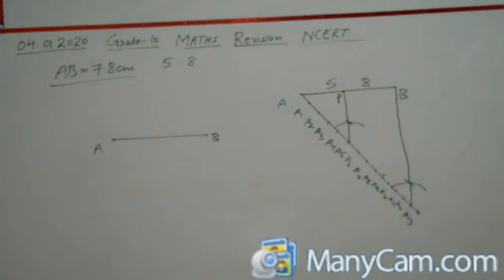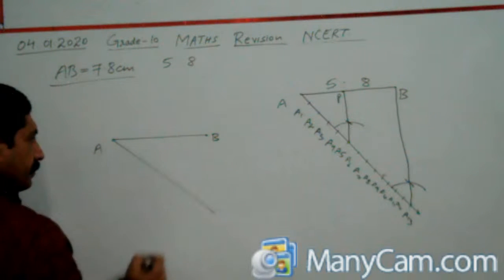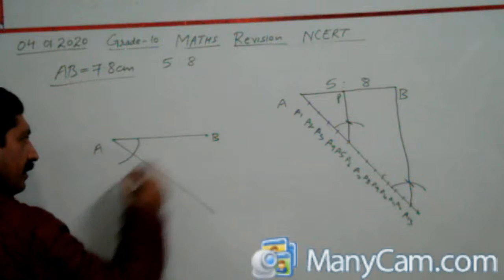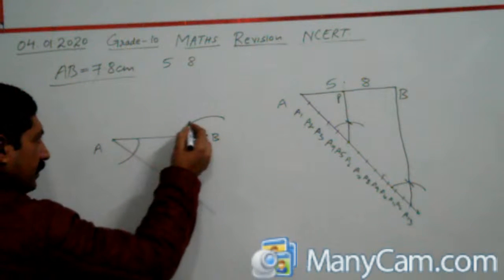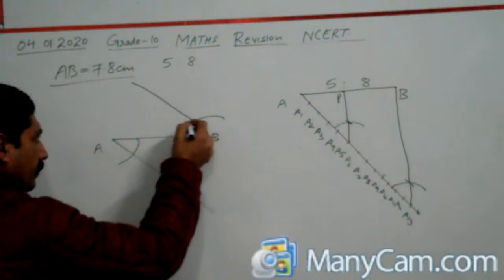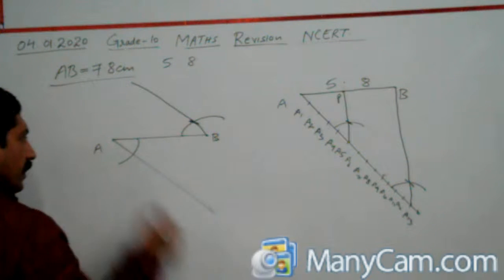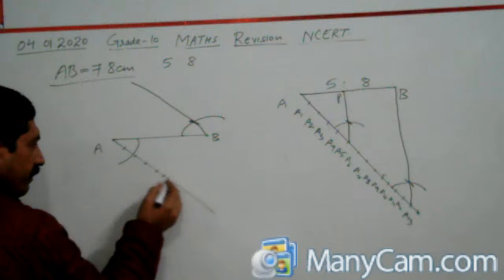One more method is there. Plot one acute angle here. Then measure the same angle. Same arc you can draw here and cut the angle and plot. Then here A1, A2, A3, A4, A5, right?